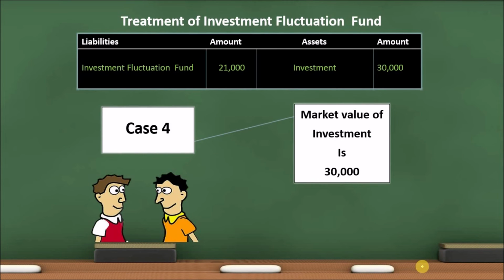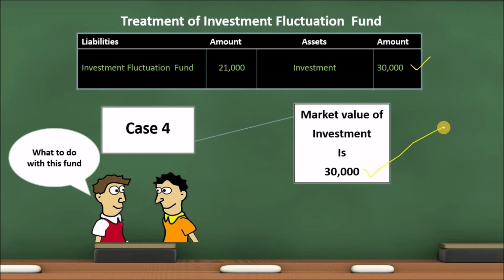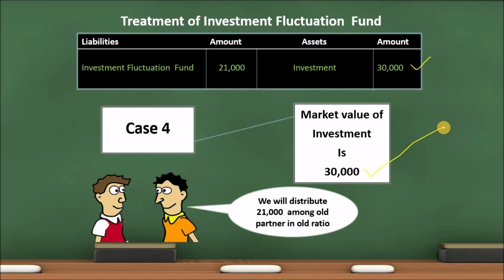Now let us see the last case, case 4. Here the market value of investment is same as book value, that is 30,000. So in the books it is 30,000 and in the market also the value is 30,000. So in this case, he is asking his partner what to do with this fund, and he says we are going to distribute the whole 21,000 among old partners in old ratio.